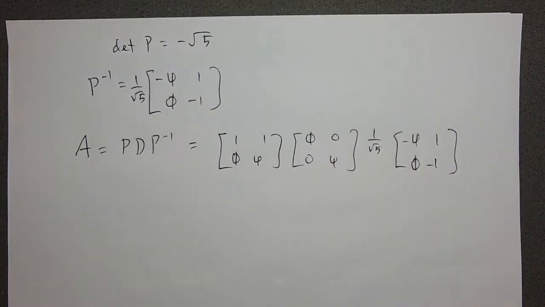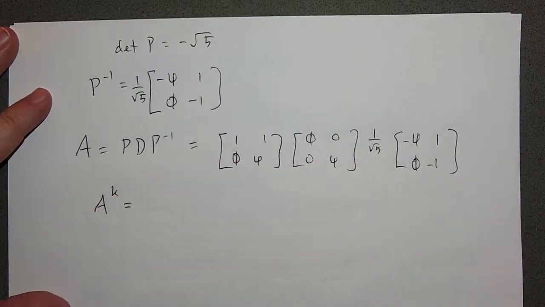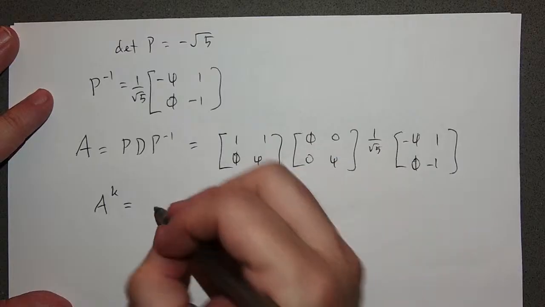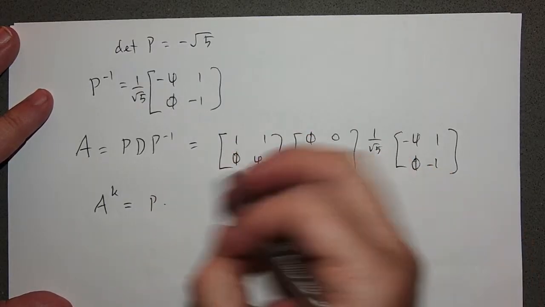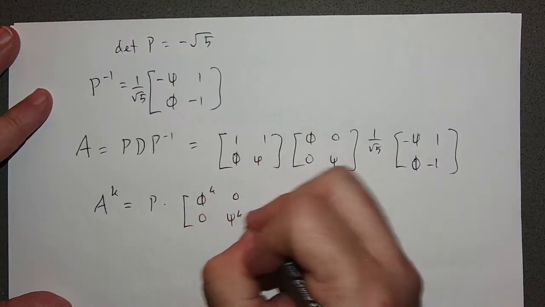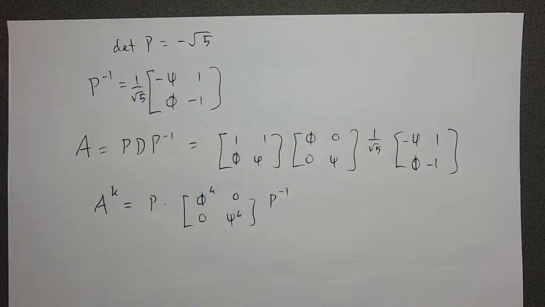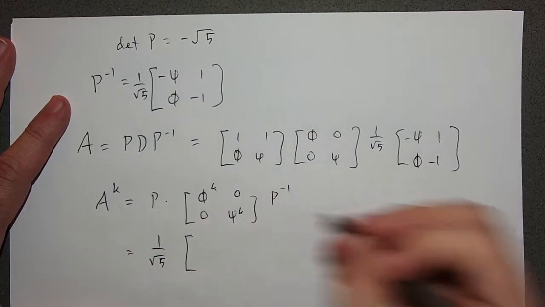Multiplying all of this out, actually I don't even need to do that yet. I will look at A to the k. What is A to the k here? It's the same thing, I'm not going to rewrite that. So it's P times D to the k, which is phi to the k, 0, 0, c to the k, times P inverse. Ultimately, what do I get here? I get 1 over root 5 times a 2 by 2 matrix.